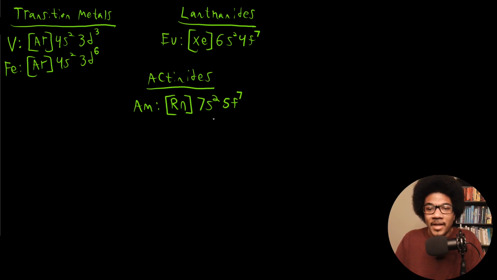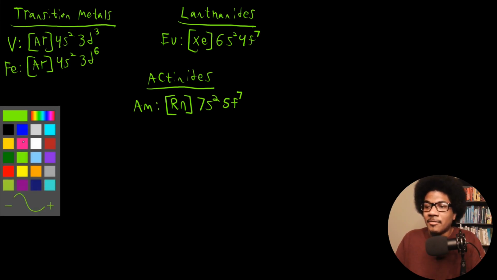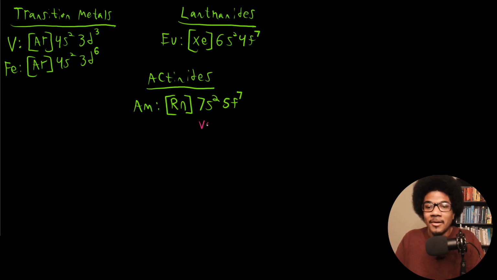Right, so this has valence 5f electrons. So the actinides are defined by valence 5f electrons, and the lanthanides are characterized by valence 4f electrons.